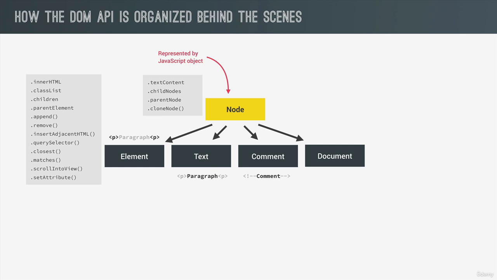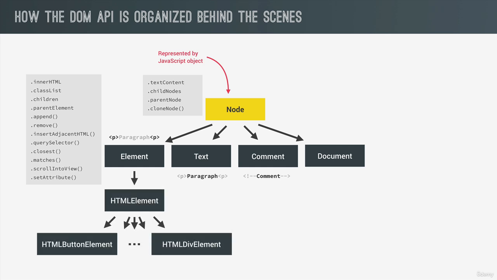So again, each element will be represented internally as an object. Now, just to make this complete, the element type has internally an HTML element child type. And that element type itself has exactly one child type for each HTML element that exists in HTML.